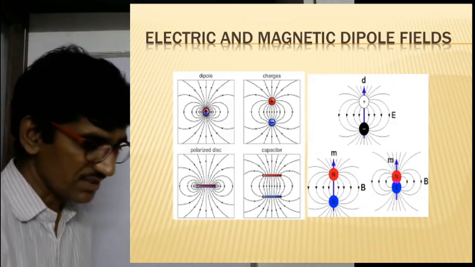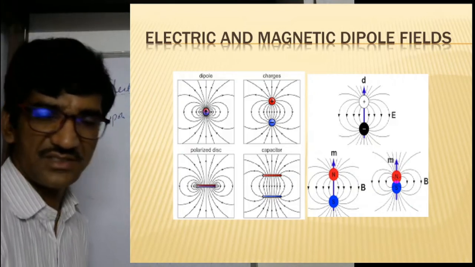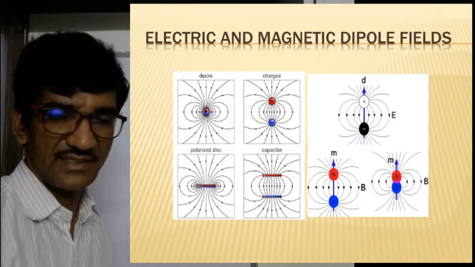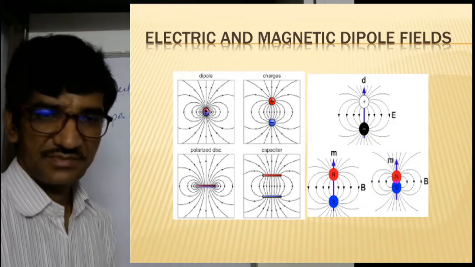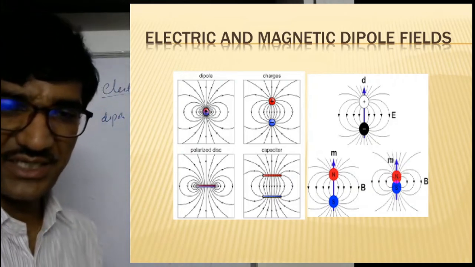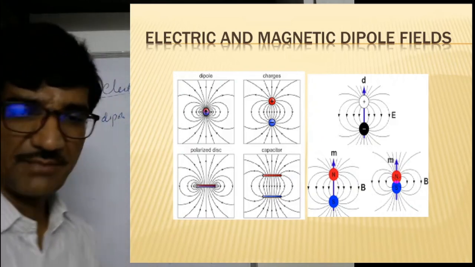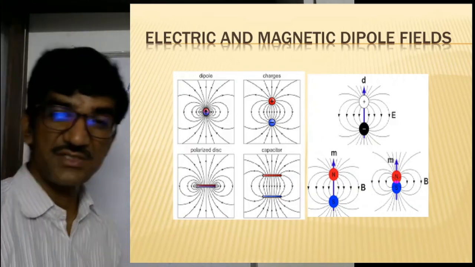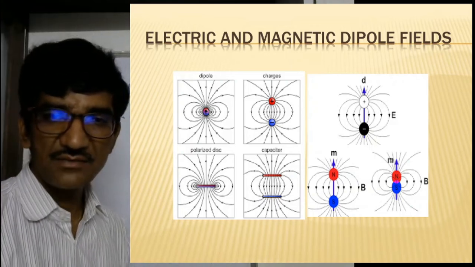Why? Because the charges are separated by a very large distance compared to the distance in the dipole. If you take a disk, one side is positively charged, the other side is negatively charged. Here you see there is no separation between them, or a very small separation, in the disk.